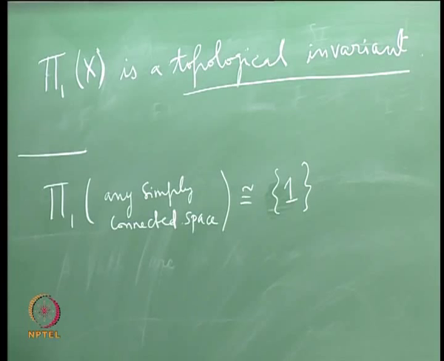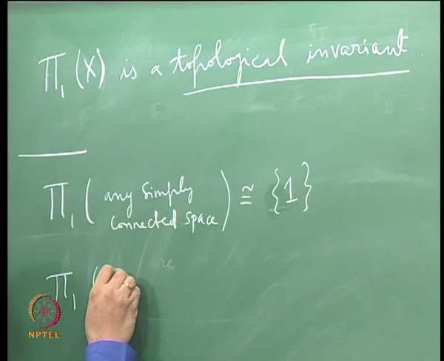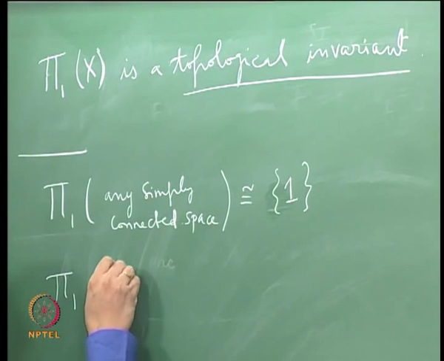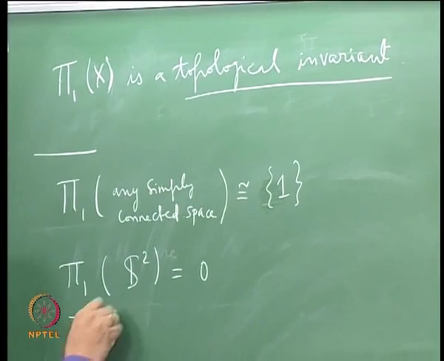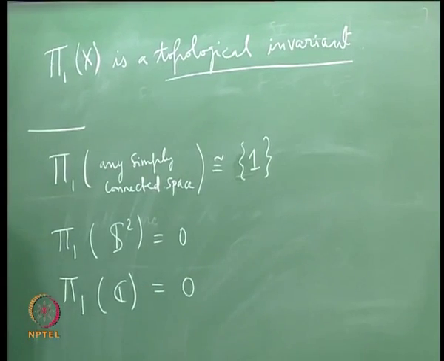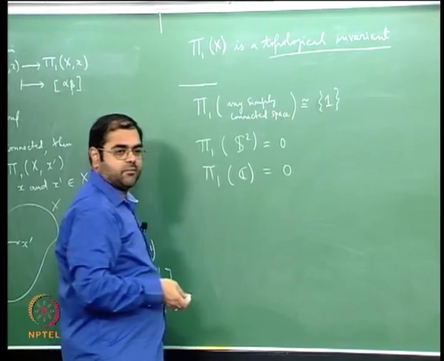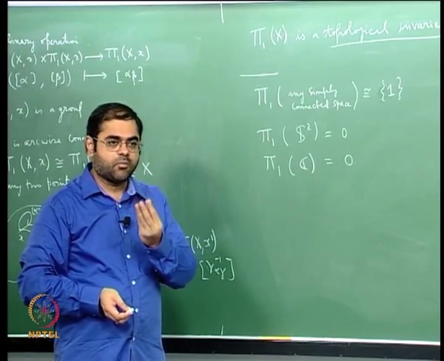So in particular, for example, the first fundamental group of the sphere is going to be 0. The first fundamental group of the complex plane is going to be 0. The same thing will happen to any space that can be contracted to a point.